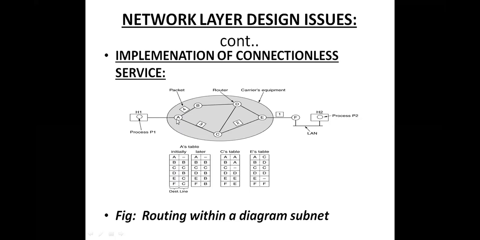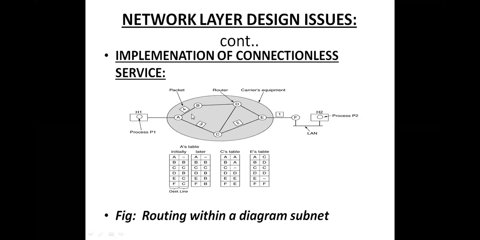And next, if A is willing to transfer the data to B, A has a direct communication line, so A to B is direct. If A is willing to communicate to C, directly C.